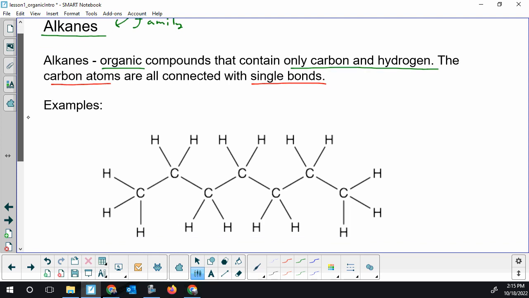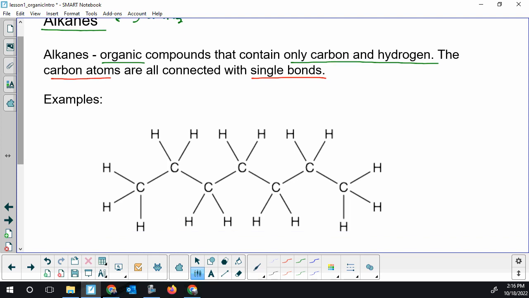So I have a structural diagram on the board, and we're going to name it in a second.